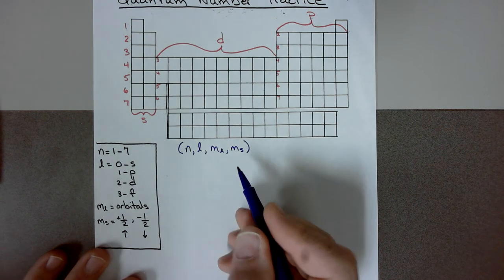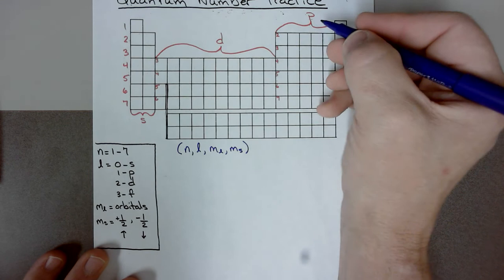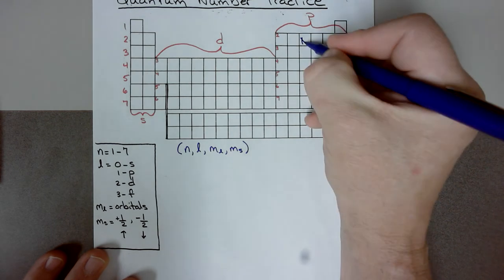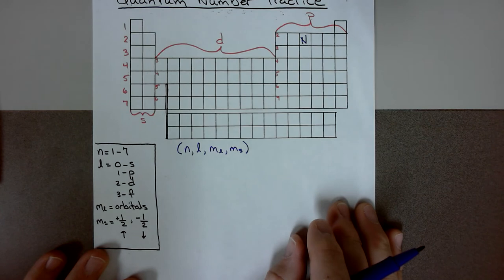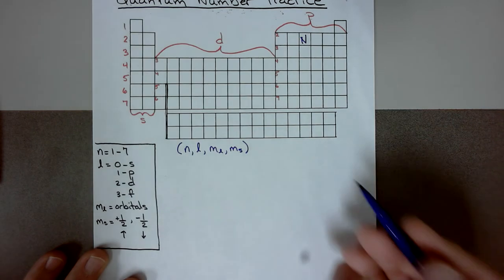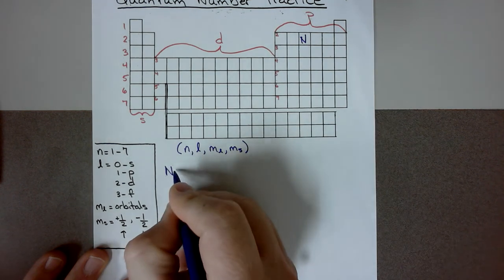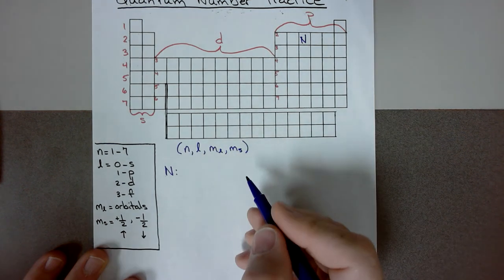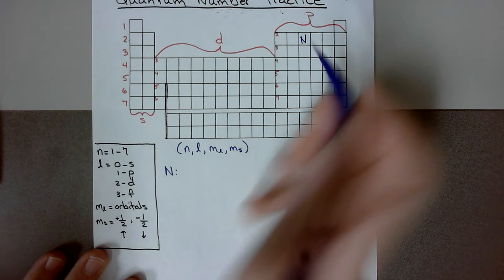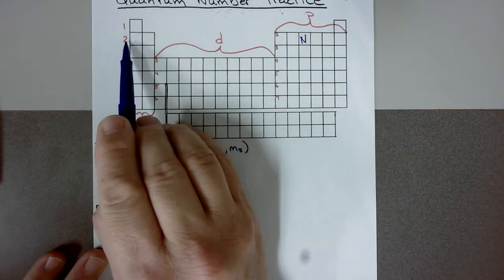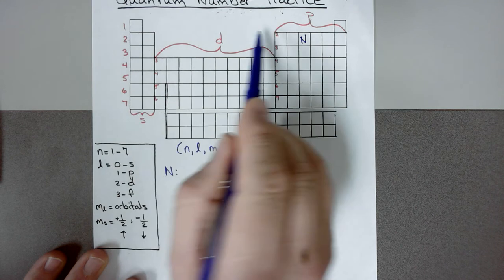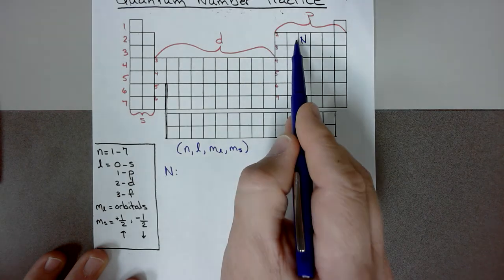Let's look at the first element, which is nitrogen. To do quantum numbers, the easiest way that I've found is to do the orbital diagram first. So for N, I'm going to write the symbol for the element, and then we have 1s, 2s, and 2p.